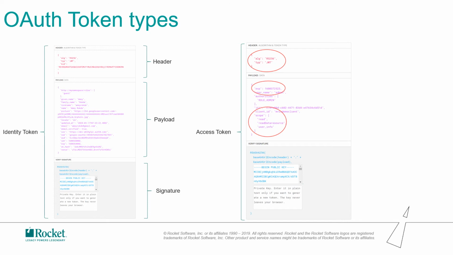Now, once we understand the high level structure of this JSON web token, there are two token types. One is called an identity token and one is called an access token. One would wonder why we would require it. Identity tokens come from the OIDC OpenID Connect standard, where the purpose is to identify the digital identity of the user.